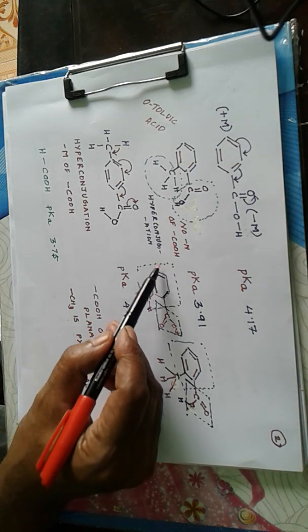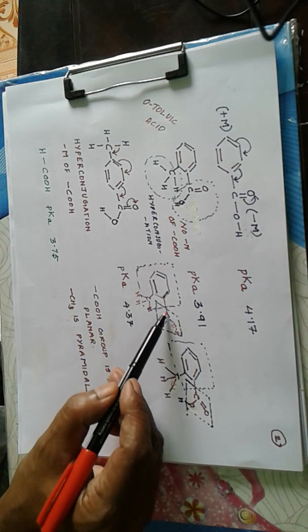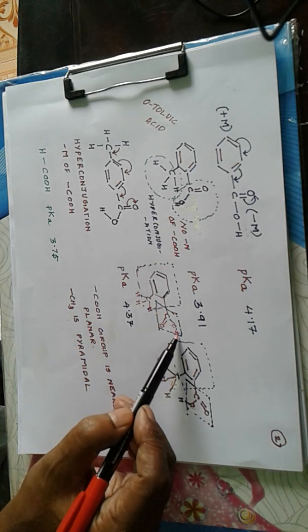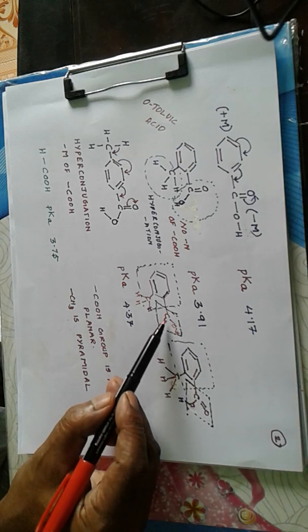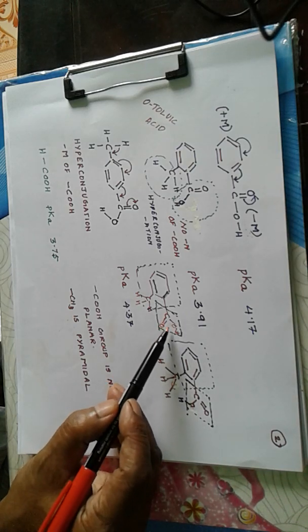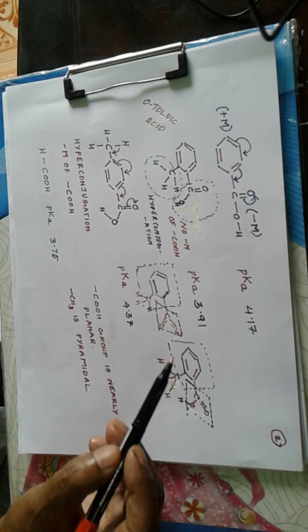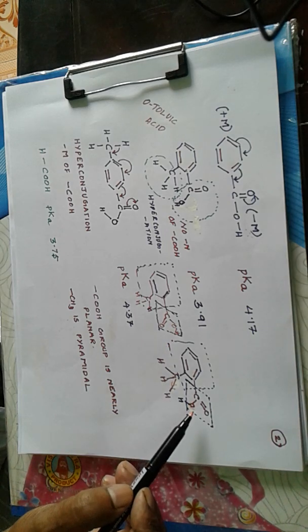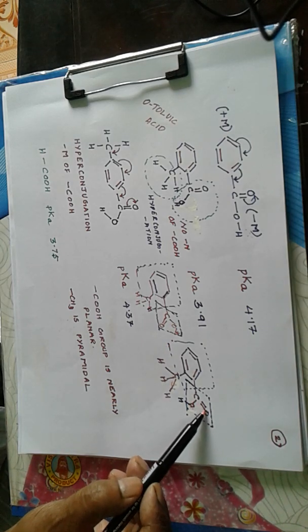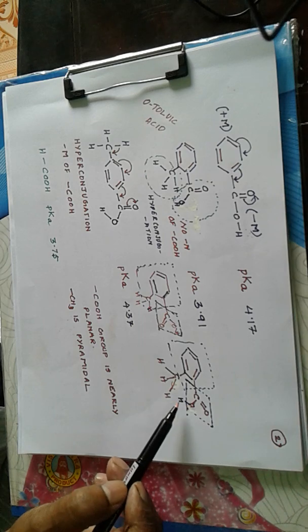Now this is the plane of the benzene ring and this is the plane of the COOH group. The CO bond will be directed in this direction and OH will be directed in this direction. Another orientation possible is CO directing in this direction and OH in this direction.